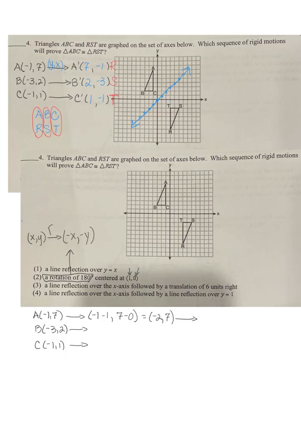That's the rule for a rotation of 180 degrees. So we negate this guy, we negate this guy. I'm going to do the same thing right here, and again, you don't need to take notes yet. So rotate 180 degrees: I'm going to negate the x value, and negate the y value.